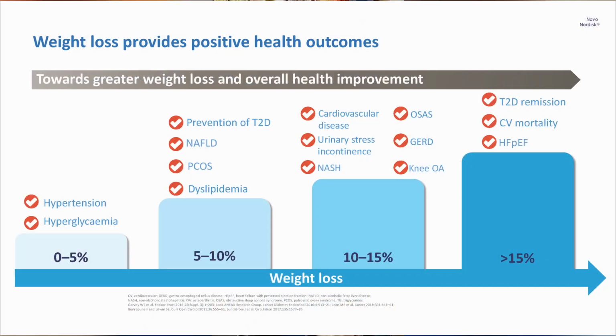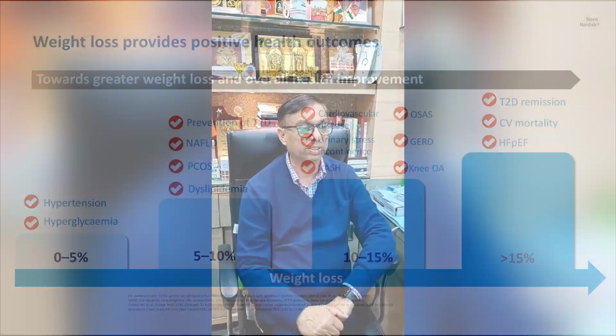So the benefits of glycemic control and weight loss in cardiovascular disease are multiple, because greater weight loss and overall health improvement is seen, and that leads to reduction in hypertension and hyperglycemia, prevention of type 2 diabetes, NAFLD, PCOS, dyslipidemia, cardiovascular disease, urinary stress incontinence, and NASH.